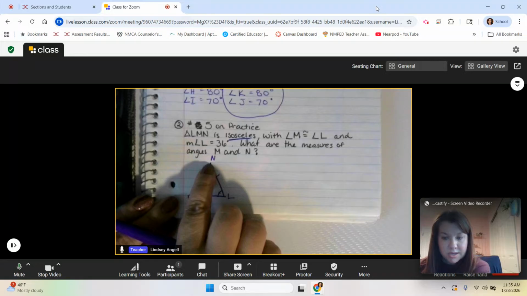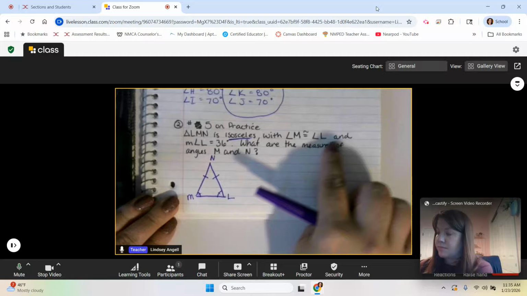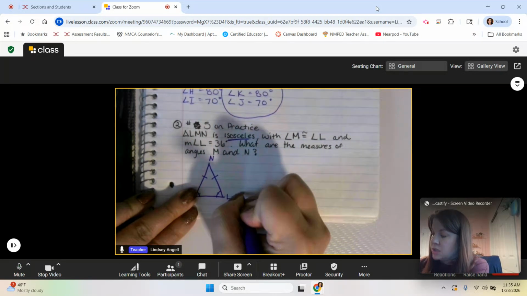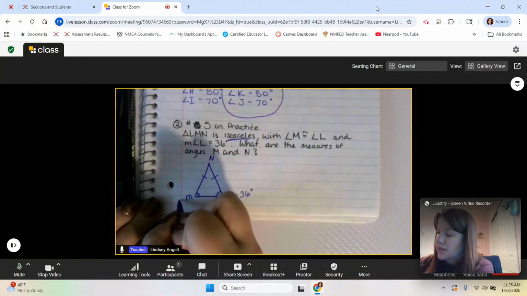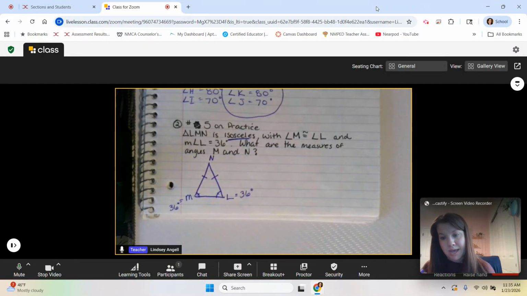This is the one that is not the same. And the measure of angle L is 36 degrees. So if this one equals 36 degrees, that means this one also equals 36 degrees. That's based on information that we know and the definition of isosceles triangles.